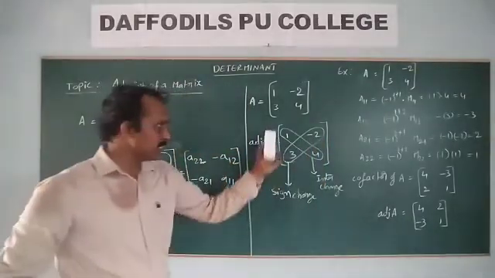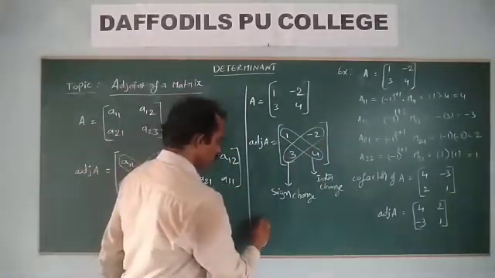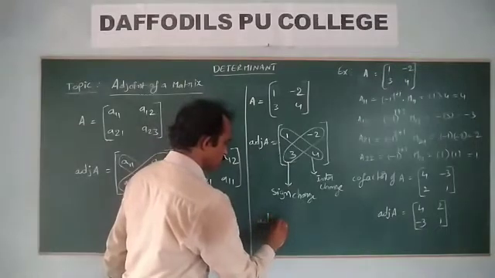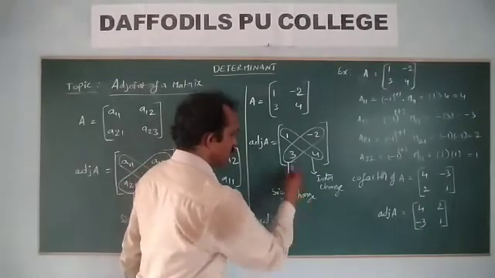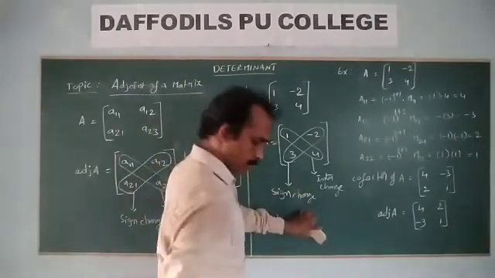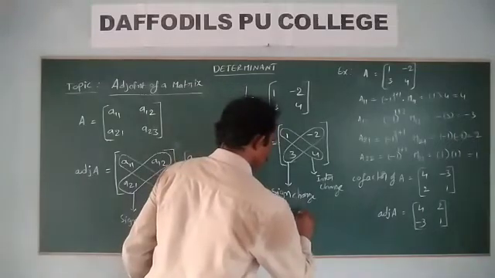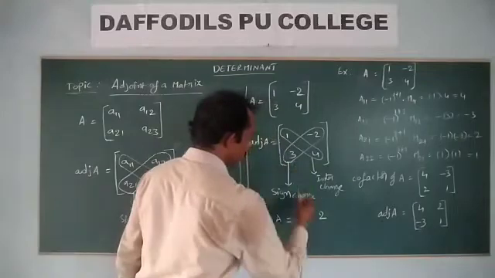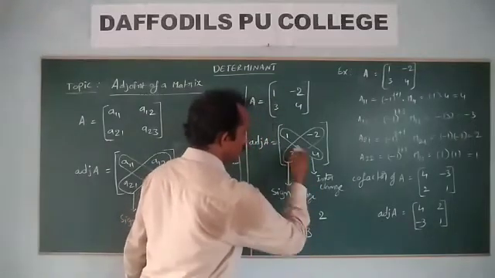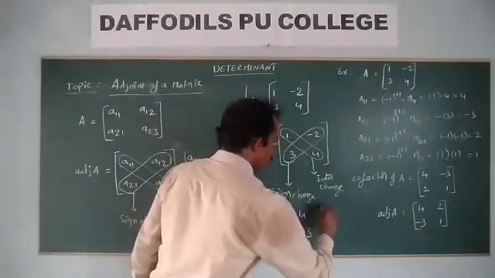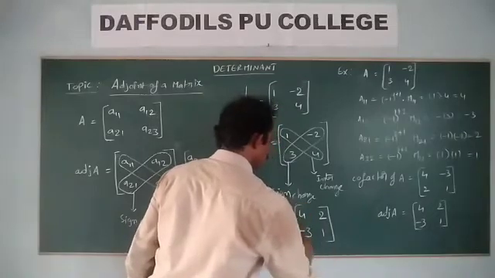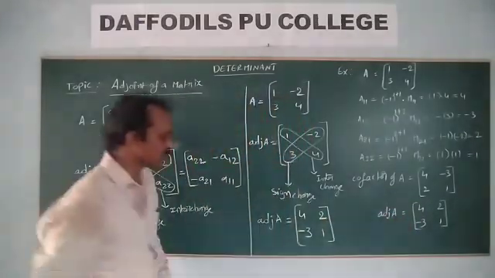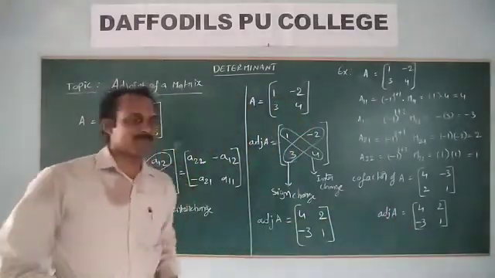These two elements, sign change. So finally, what is the resultant answer? Adjoint A: 4; sign change, 2; sign change, minus 3; interchange, here is 1. So you observe both are the same: 4, 2, minus 3, 1.